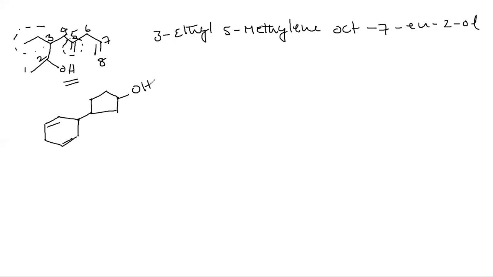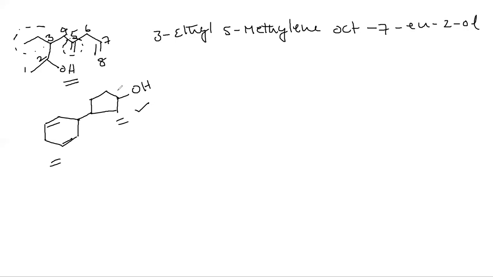Now tell me, which is the principal chain, this one or this one? Absolutely, this is the principal carbon chain, as it contains the functional group.